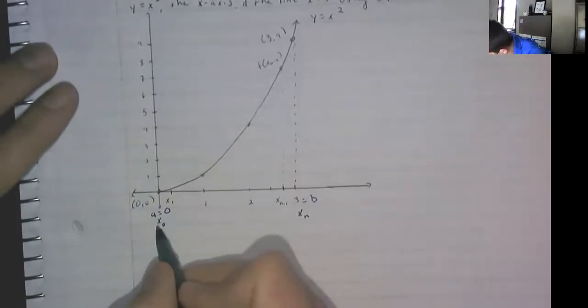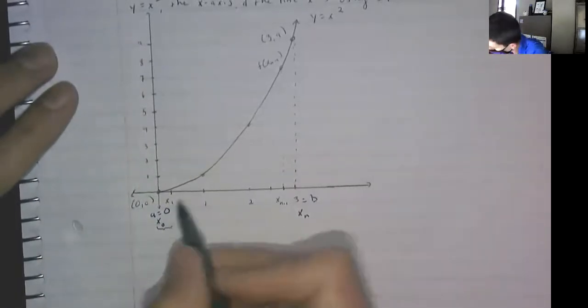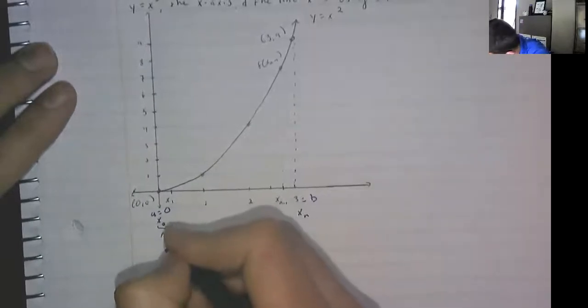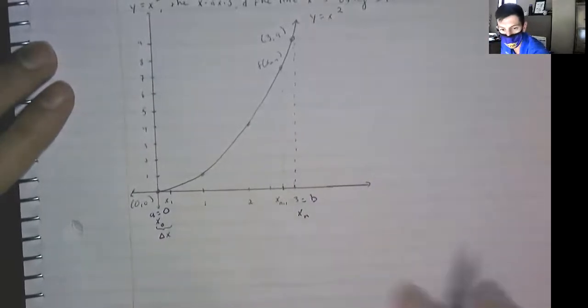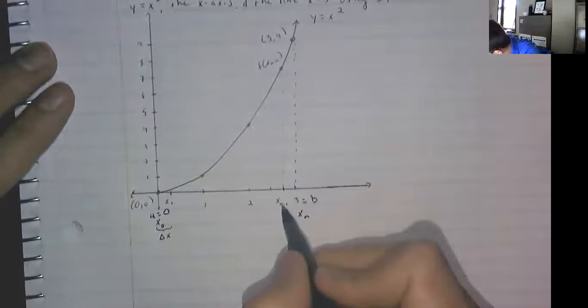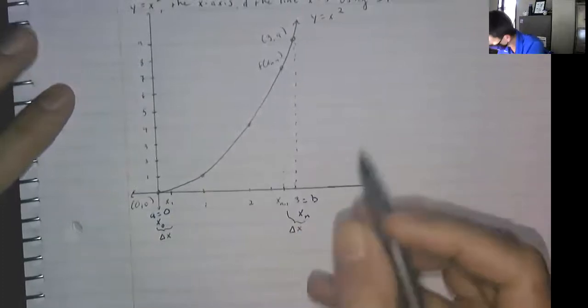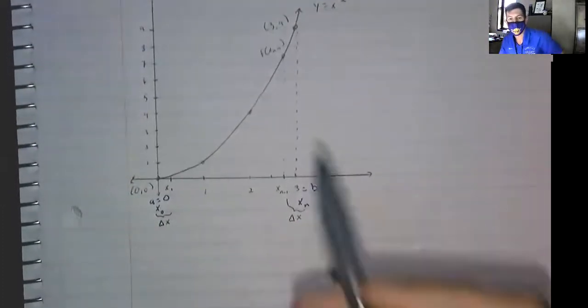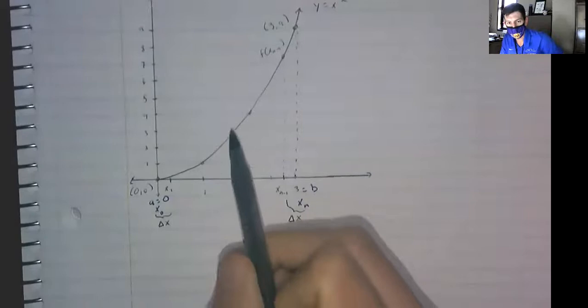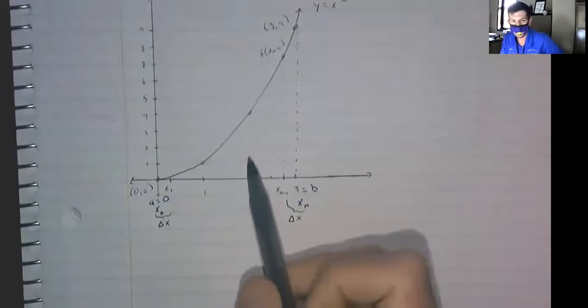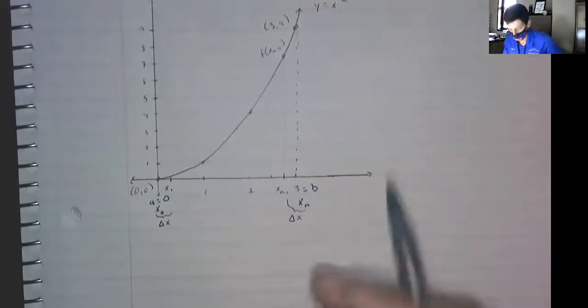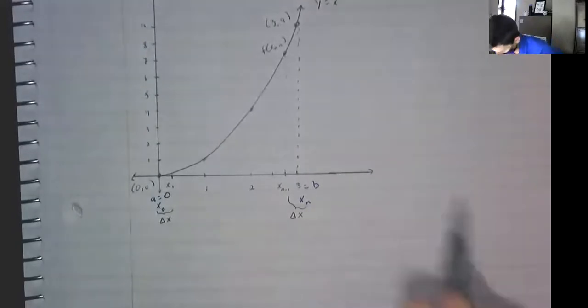this distance here between x sub naught and x sub 1 would be delta x, which would be the same from x sub n minus 1 to x sub n. We have this consistent delta x. And what I want to do is draw in, somewhere in the middle, an arbitrary interval that we will call the ith subinterval.